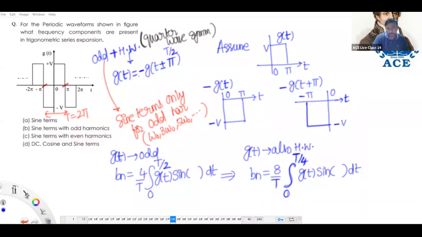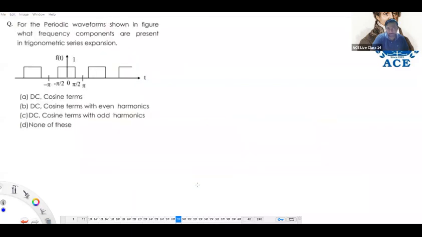I'm moving to the next slide. Now think about this one. Which symmetry is there? Of course, the time period is 2 pi. It is perfectly even.